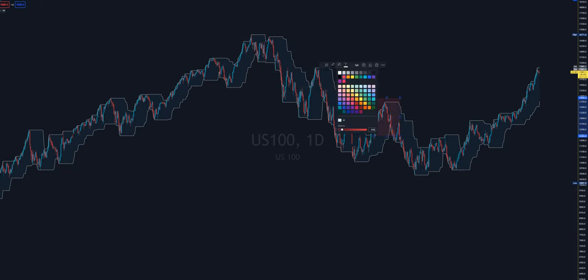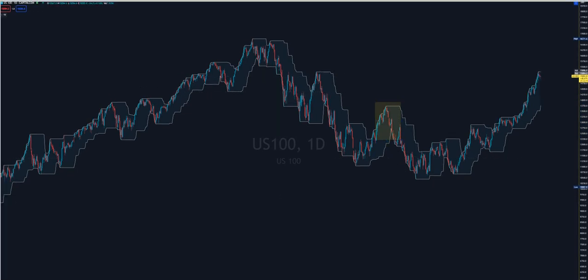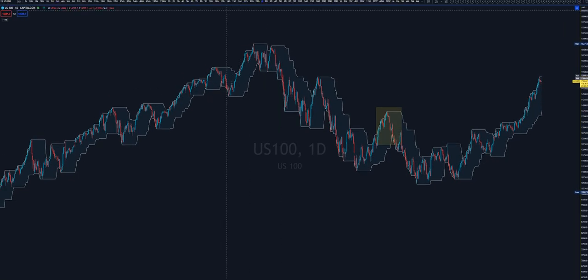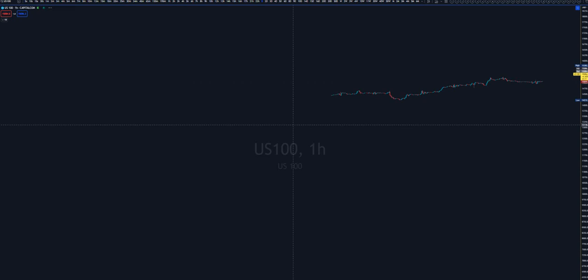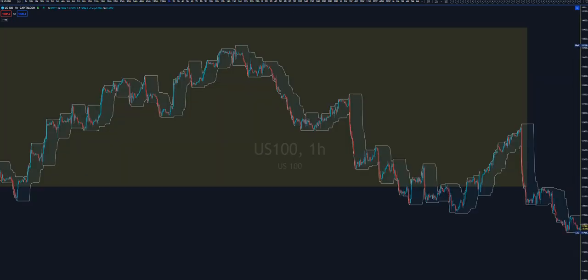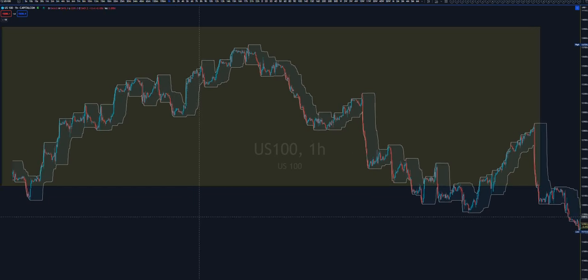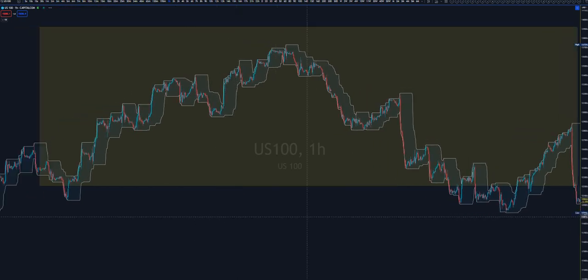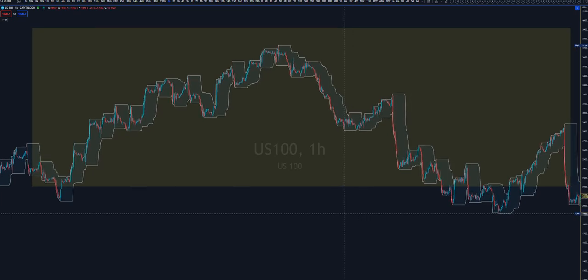So I change the color, and we are now on the daily time frame, and we go now to the 1 hour time frame. On the hourly time frame, it's very interesting to look at this movement of Nasdaq in the shorter time frame.